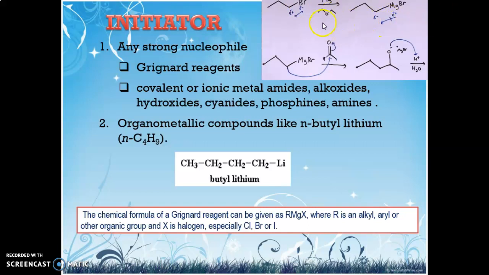For example, we have here an aldehyde or ketone. So it is a very important reaction for the production of alcohol, whereby during the Grignard reaction, the formation of carbon-carbon bonds is increased.